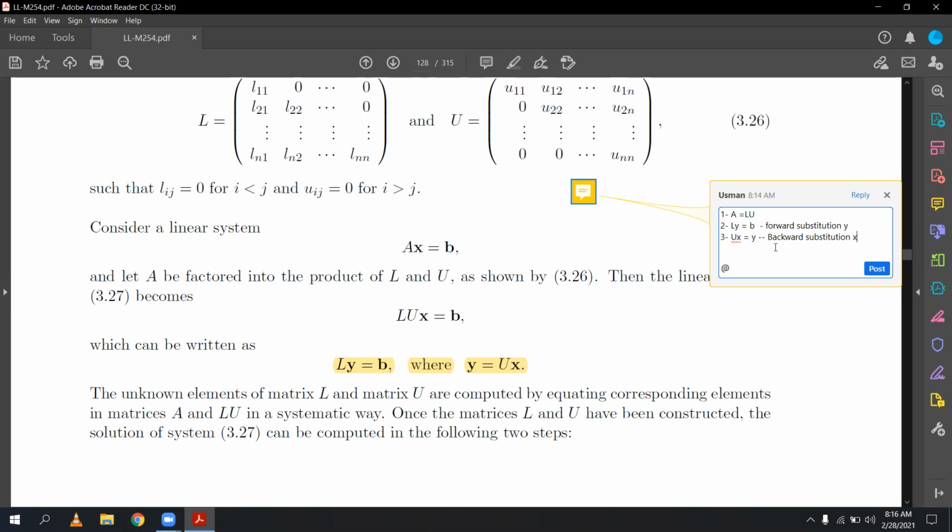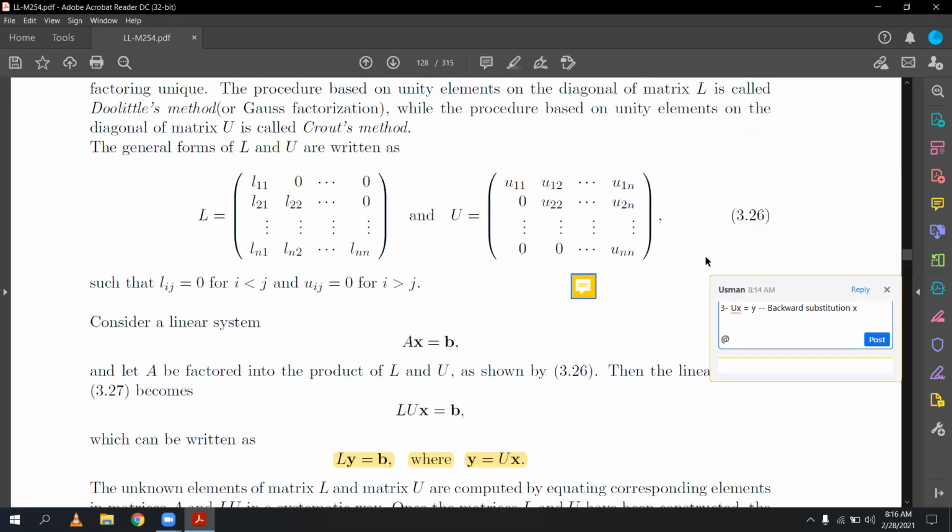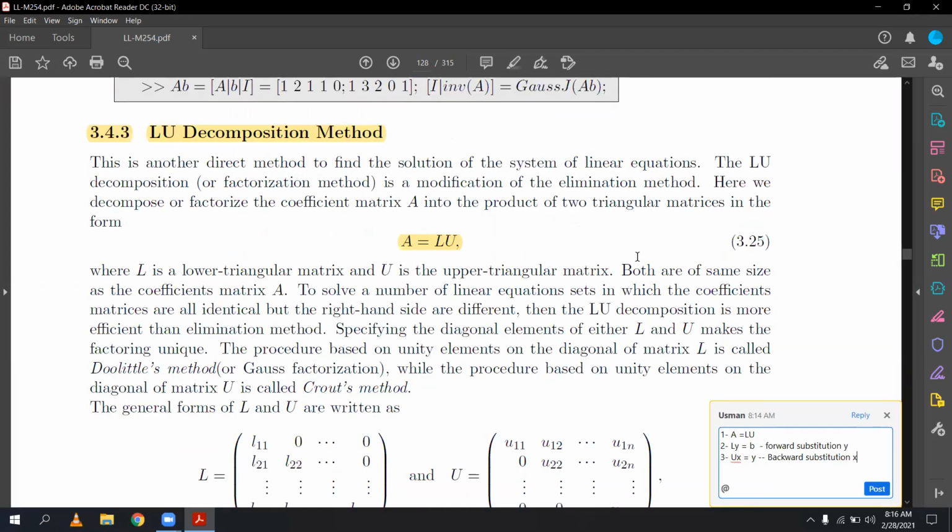Now, with this method, you have to be very careful. Can any student tell me, let's say we are dealing with a 3 by 3 matrix. When we have a 3 by 3 matrix, how many elements do we have for A? 9. 9 elements we have, right?